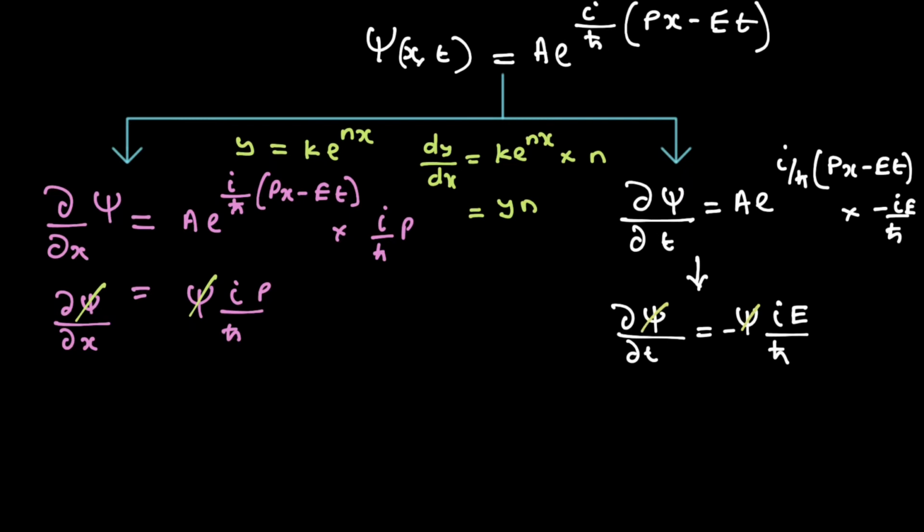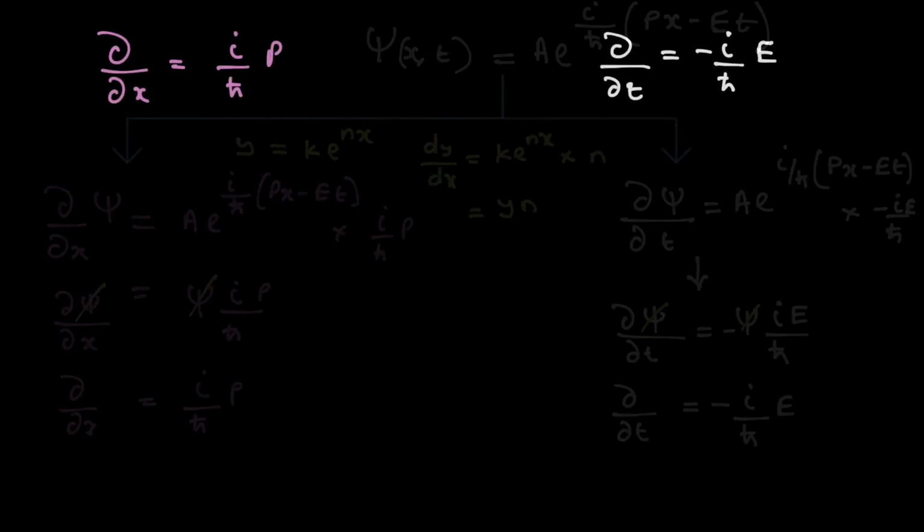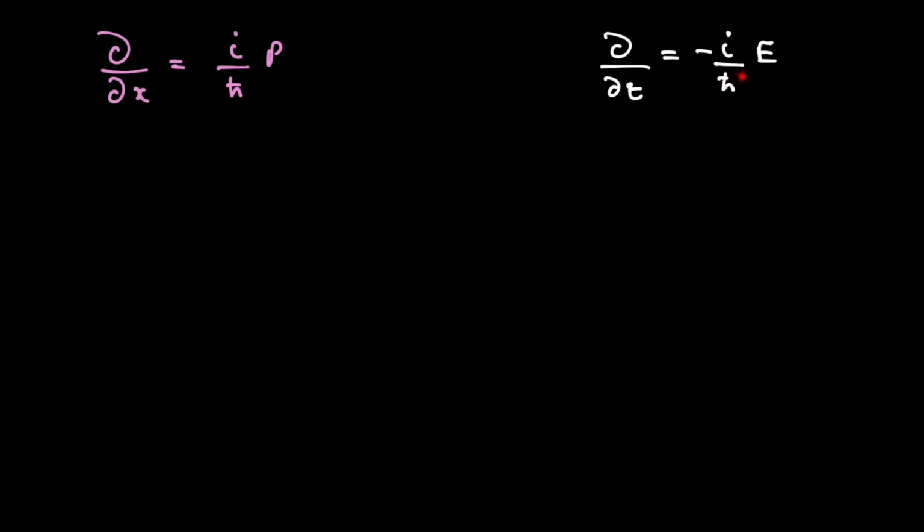So what we're going to get now is, here, the partial derivative of psi with respect to t equals minus i over h bar E. Likewise, here, the partial derivative of psi with respect to x equals i over h bar p. So far, this is what we've got. Now, what we can do is make p the subject here and make E the subject there.